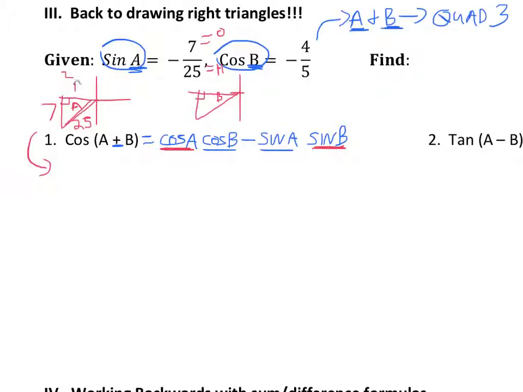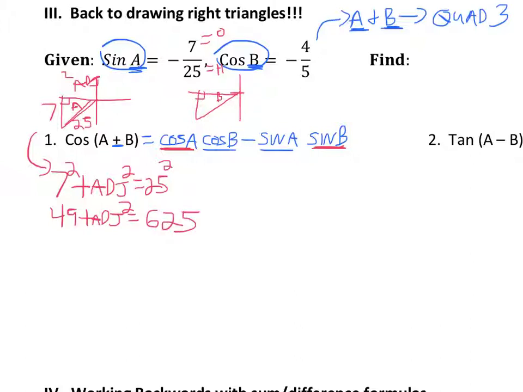I'm going to say this is the adjacent side. So it's like saying 7 squared plus the adjacent side squared equals 25 squared. You're going to have 49 plus the adjacent side squared equals, I believe, 625.